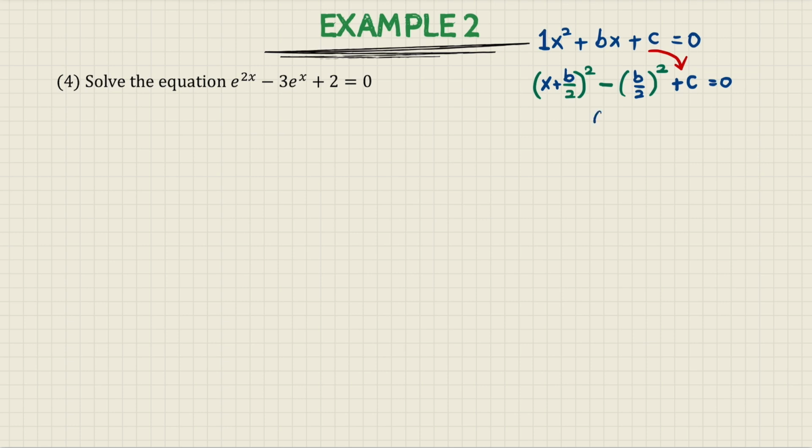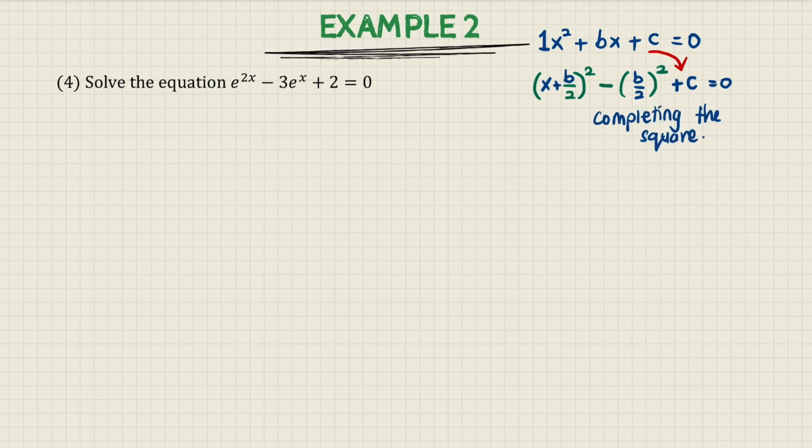And so let's try to solve this question. e power of 2x minus 3e power of x plus 2 equals to 0. Let y equals to e power of x, and we are going to have y squared minus 3y plus 2 equals to 0.